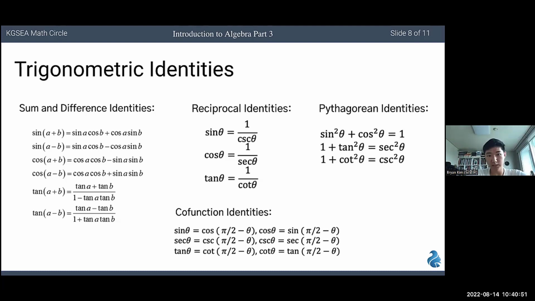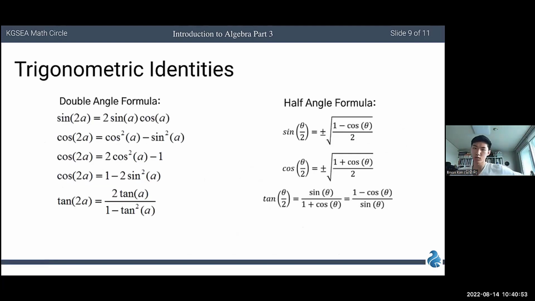That minute has passed. I'll move on to these two trigonometric identities, the double angle formula and the half angle formula. And these two formulas are very useful because first of all, a lot of us are able to figure out the basic values of sine, all the special angles like sine 30, sine 60, and sine 90, and like sine 45.